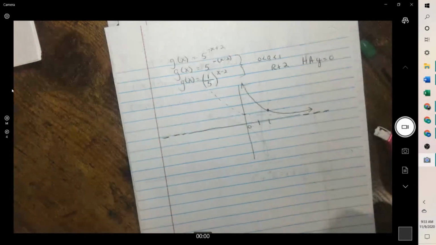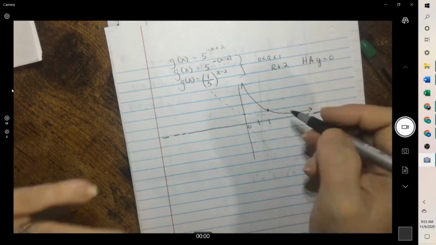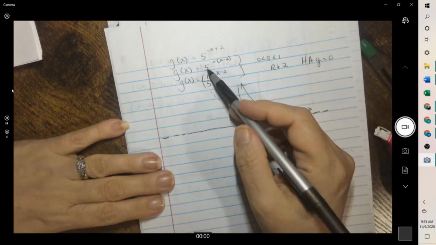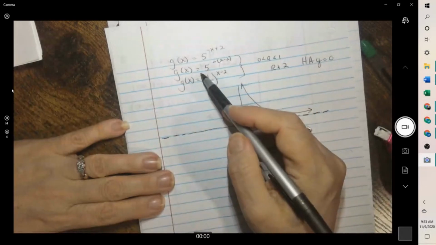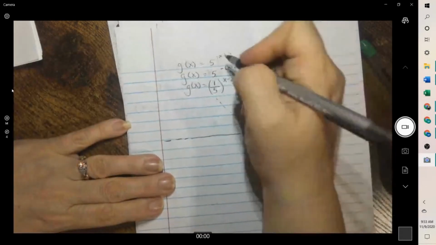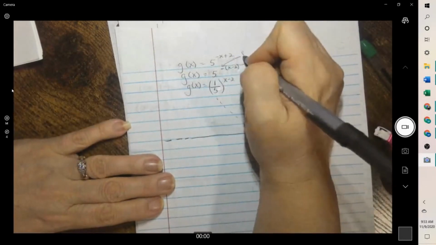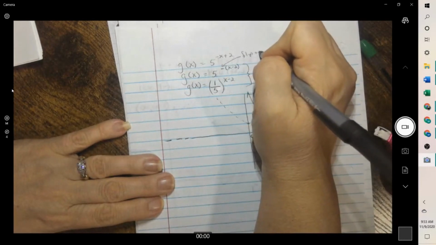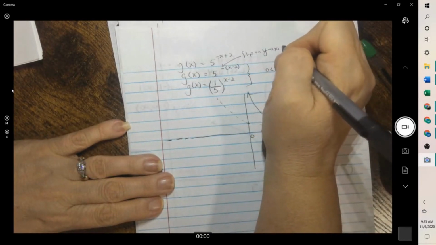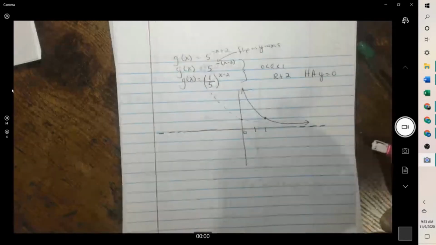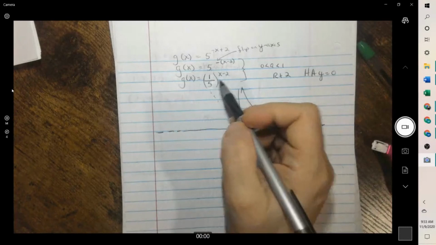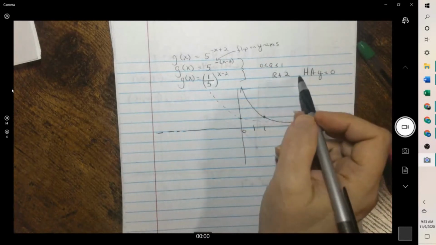Wait, how'd you get the 1/5? This negative moved it to the denominator. Now you could have stayed with this and then just flip on the y-axis. Or you can rewrite it and then use this rule.